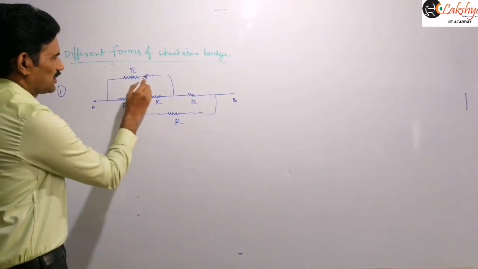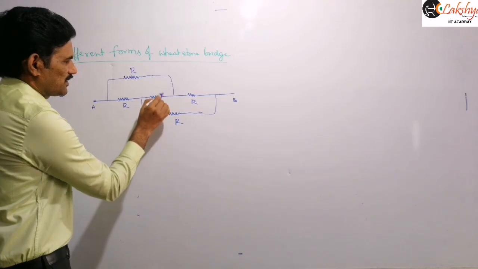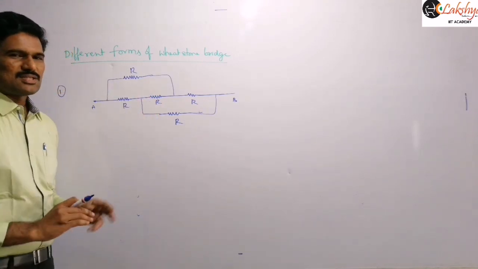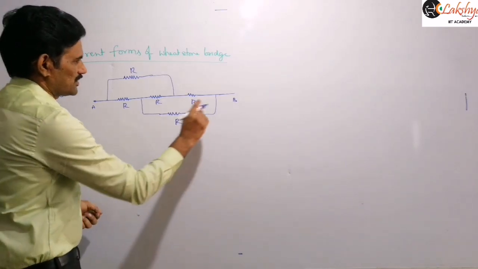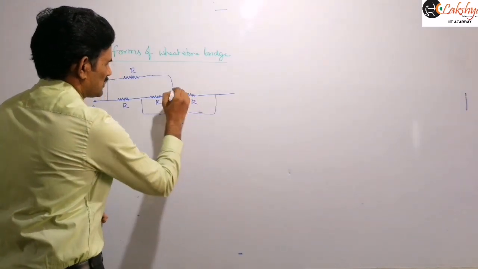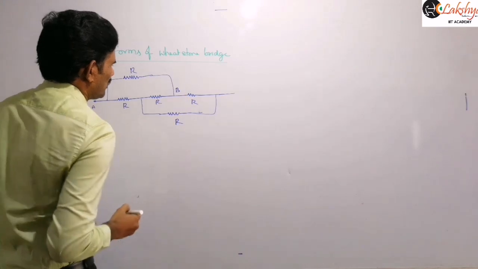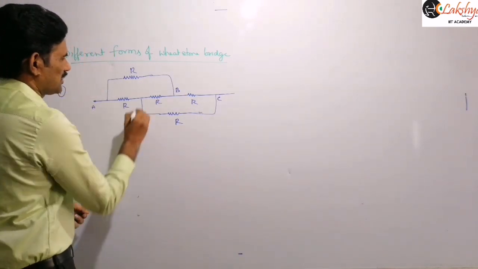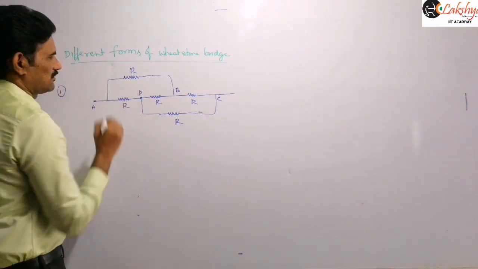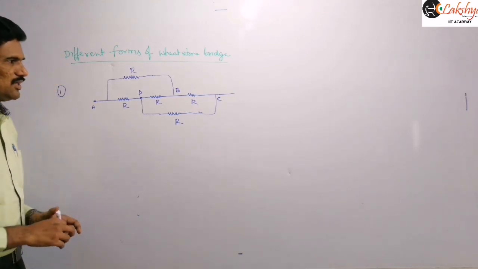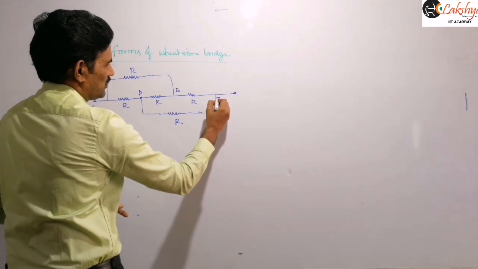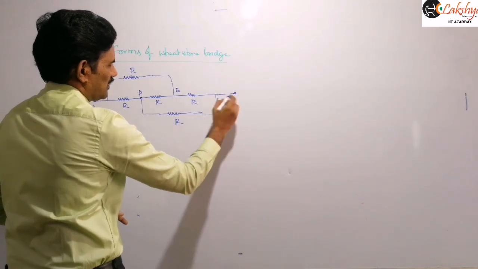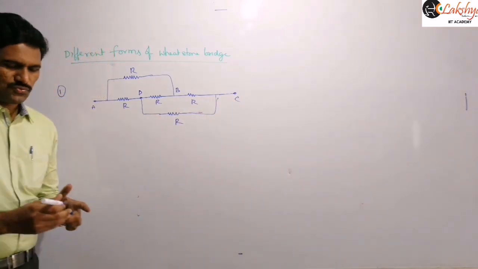If that resistance is not there, then I name these junctions as our usual junctions, like this is A, B, this is C, and this point I am taking as D. Now potential difference is applied between A and C, so we need to find the effective resistance between A and C.